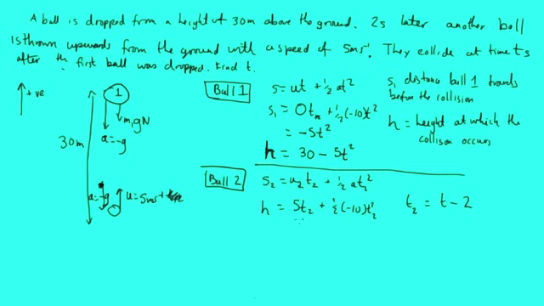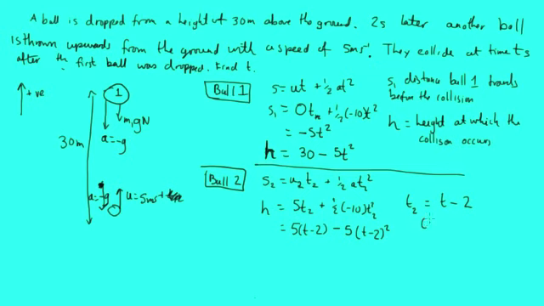So we're going to substitute that in. It's going to be 5 times t minus 2. I'm going to put this as a minus, because this will be minus 5, and it'll be t minus 2 squared.